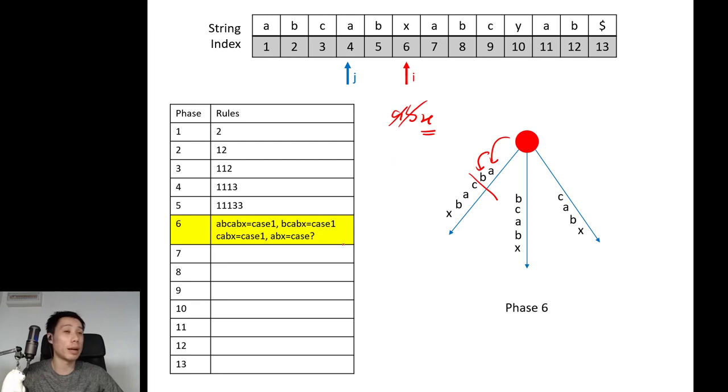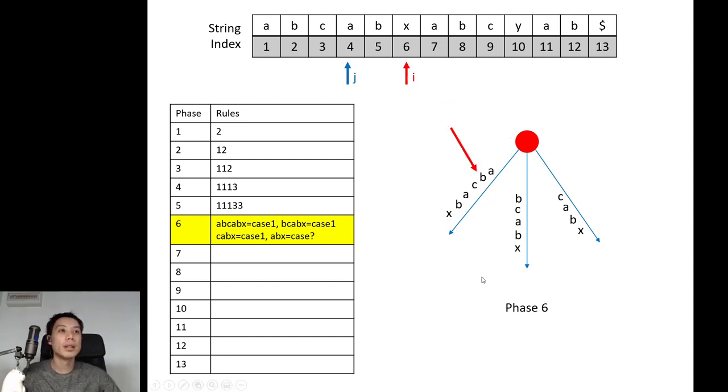Then it cannot be rule number 3, because for rule number 3 to apply, here needs to be X. Right? A, B, X needs to exist for it to be rule number 3. So it is also already off. We are only left with rule number 2, which means we need to branch out. Right? I need to create a path for ABX. So there's a possible path of ABX.